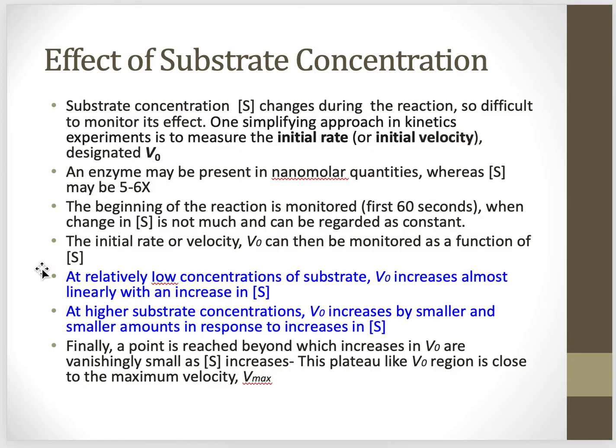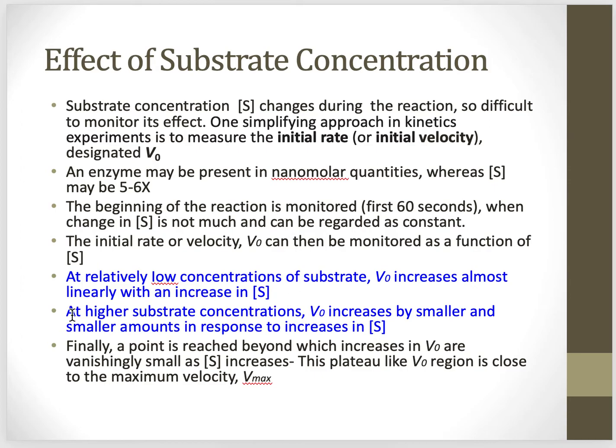So the initial velocity V0 can then be monitored as a function of the substrate concentration. At relatively low concentrations of substrate, V0 increases almost linearly with an increase in substrate. If substrate concentration increases, the initial velocity of the reaction will increase, a linear relationship.